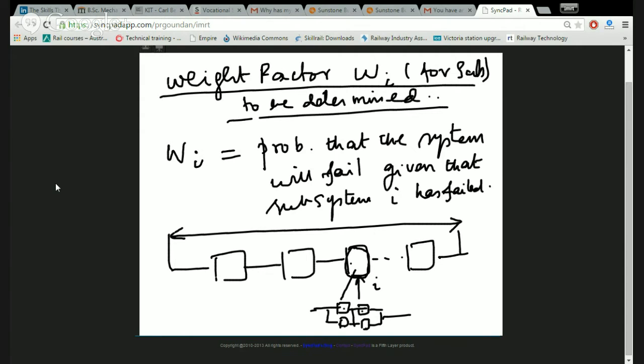That is why you have to find the probability that the system will fail, from this end to this end, given that the subsystem i has failed. This is a problem that you can establish, or by experience people have got different subsystem methods, or you can work it out by RBD calculation. Okay. So we have defined what is Wi.